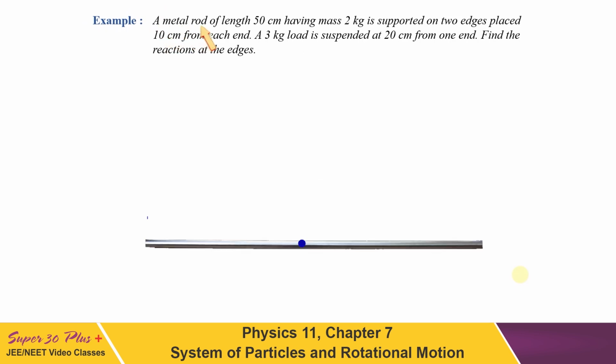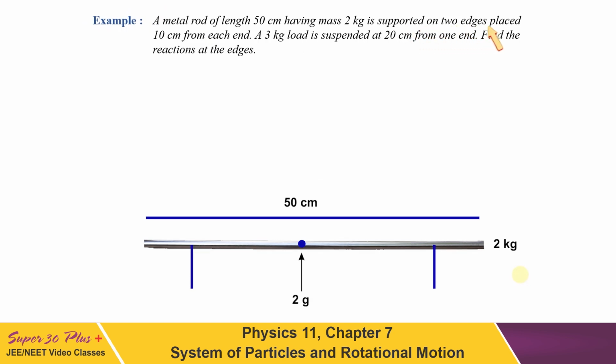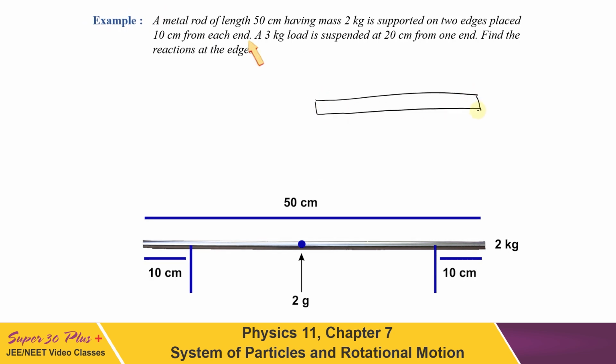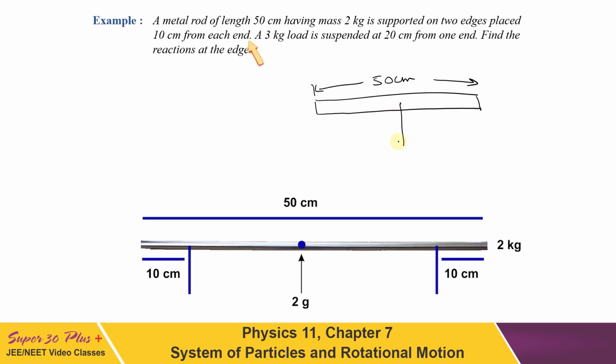Now I have taken one example here from center of gravity. A metal rod of length 50 cm having mass 2 kg is supported on two edges placed 10 cm from each end. Let us draw this situation. The whole length is given as 50 cm and its mass is 2 kg. Of course, its weight has to be at the middle because it is a uniform metallic rod.